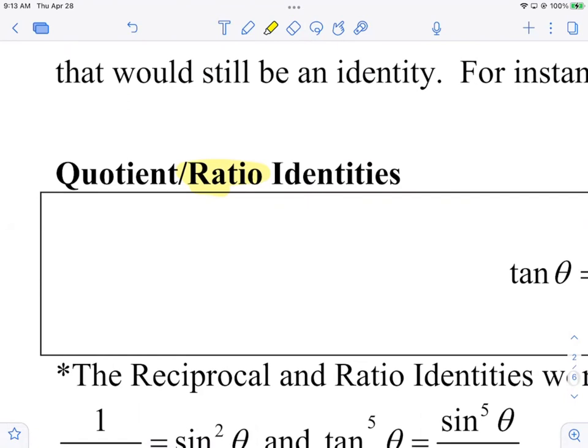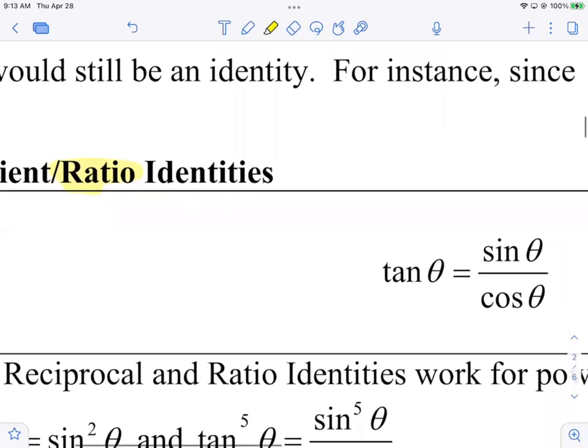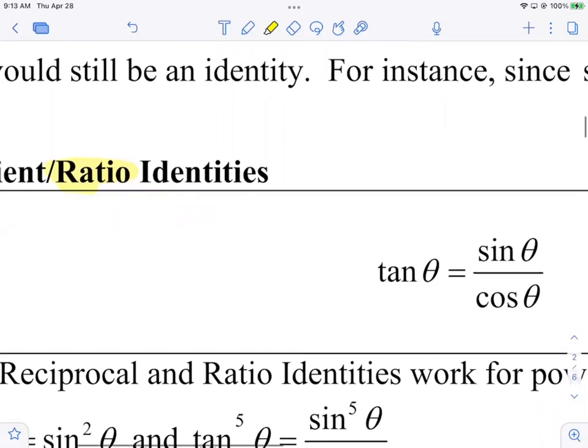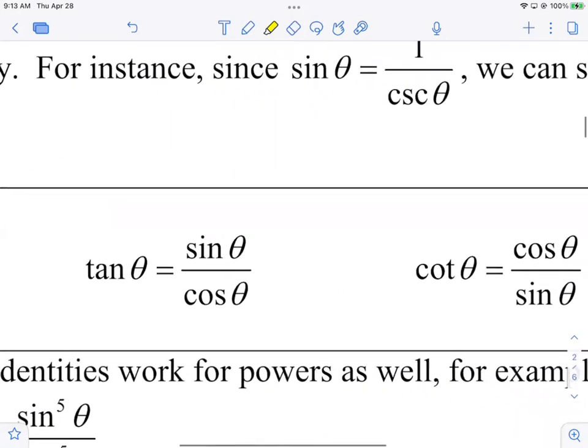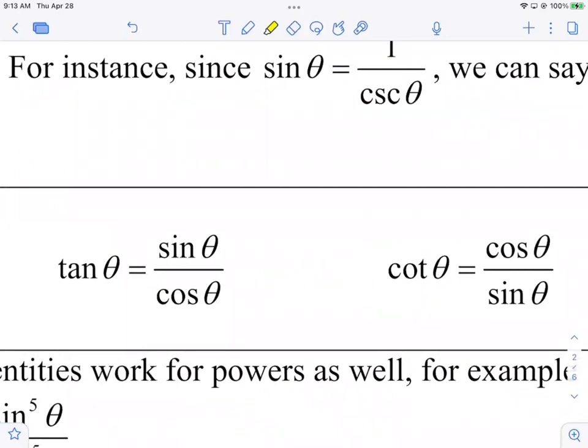So y over x is really just sine over cosine, isn't it? Well, now we formally state it. Tangent is sine over cosine. And what's cotangent then? Cosine over sine. Yeah, there it is. Those are your two ratio identities. Okay. So memorize those. But guess what? You already do. We call those ratio identities.